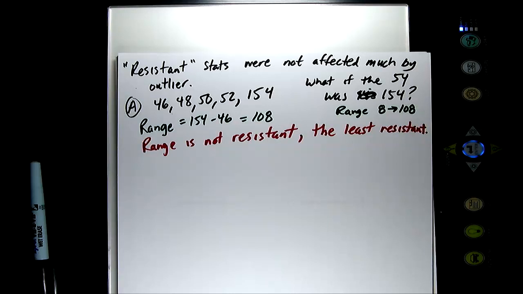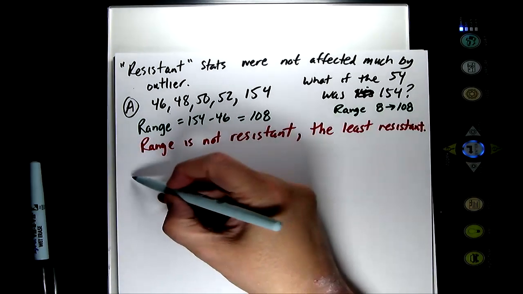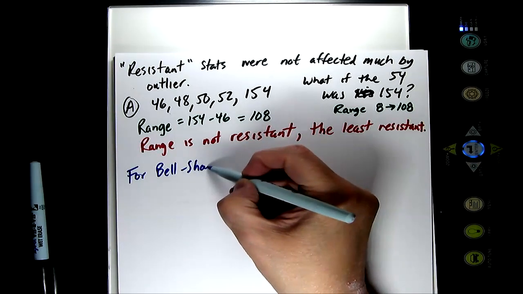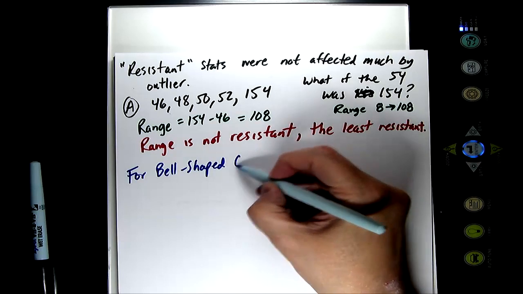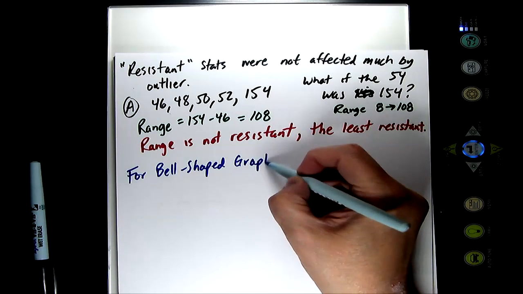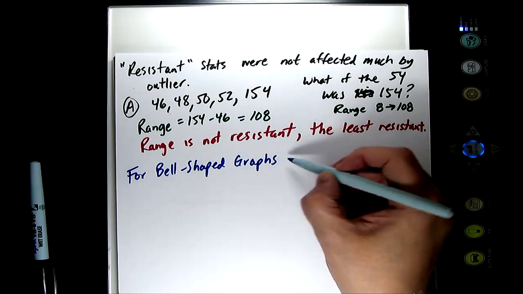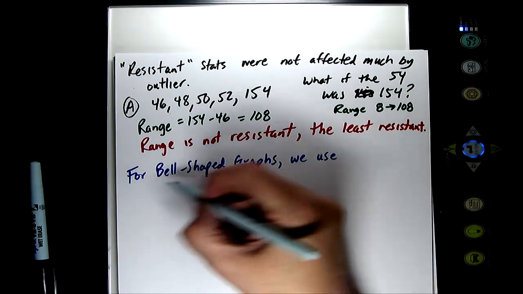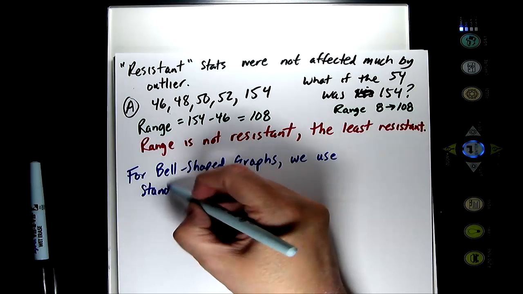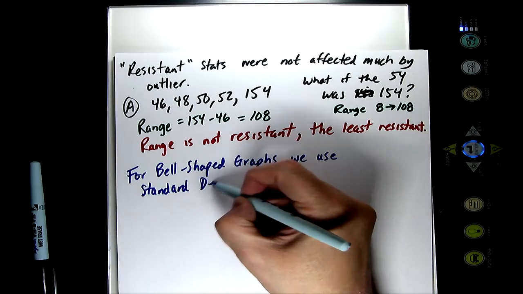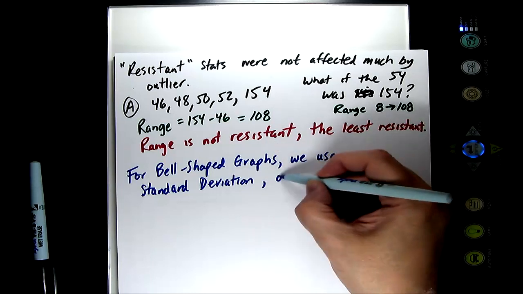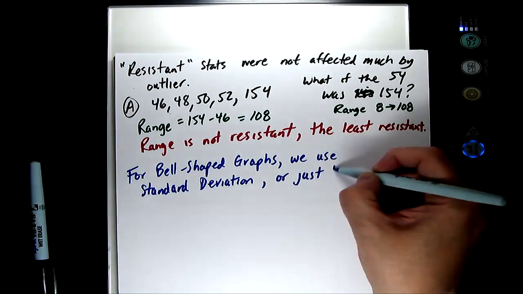For bell-shaped graphs, we like to do something different. Range probably works well for uniform graphs. We use standard deviation, or just deviation.